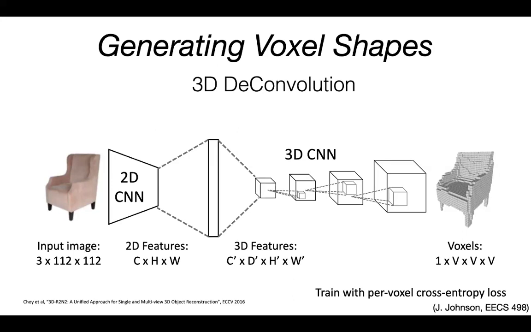And then we are going to project these 2D features to 3D, adding one more dimension. And then we have a 3D deconvolution from this 3D feature vector to expand this and generate a geometry, training on this ground truth voxel representation with cross-entropy loss. Right?